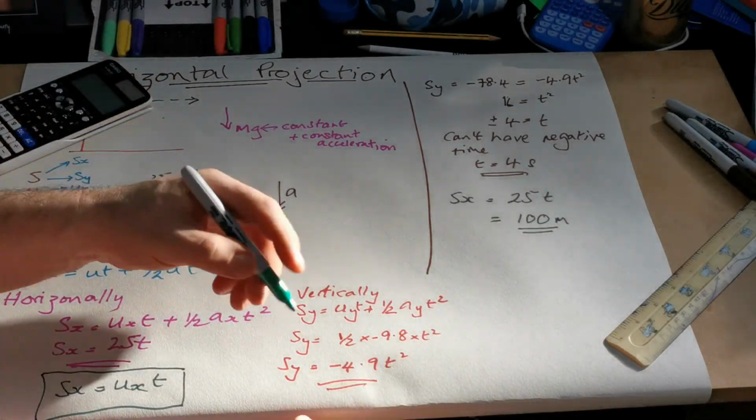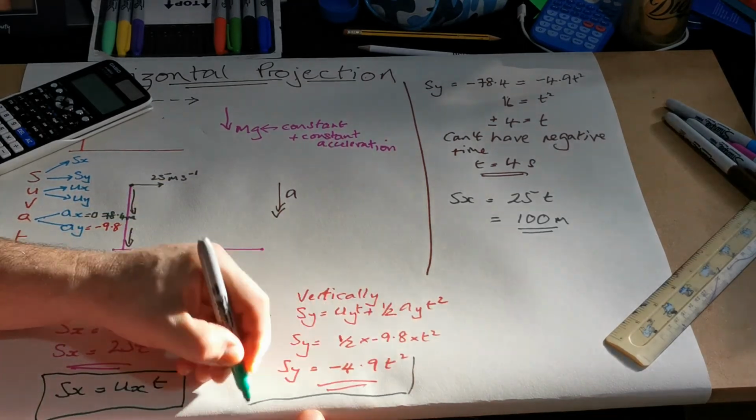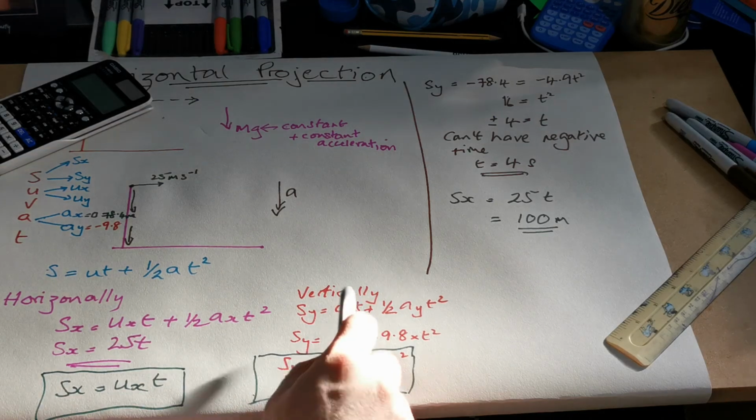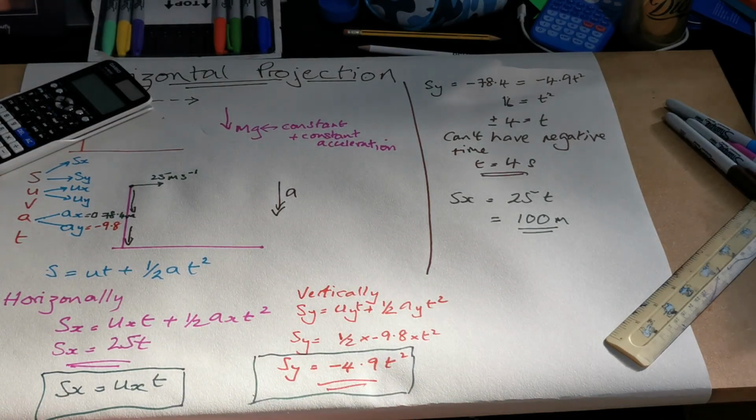And Sy is always going to be equal to minus 4.9 t squared because there's no initial vertical velocity. So from then on, we're just using those two equations. Basically S equals ut plus half a t squared, but eliminating some of the bits and then working parametrically as we have been doing. So it's pretty straightforward.